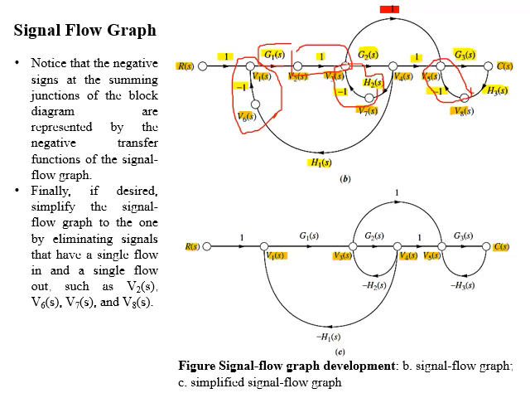And similarly for nodes V4(S) and V6(S), we'll remove the node V6(S) and make a single branch which will connect node V4(S) and V1(S) with a branch gain of minus H1(S). Now with this, we complete the signal flow graph representation of the system. Our final system is shown in figure C.